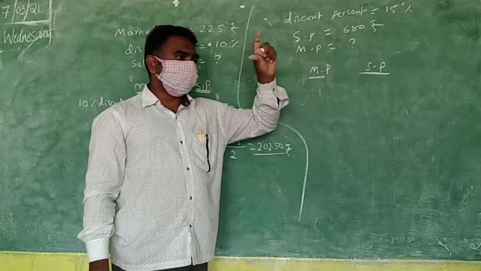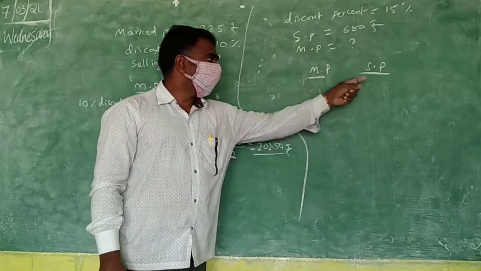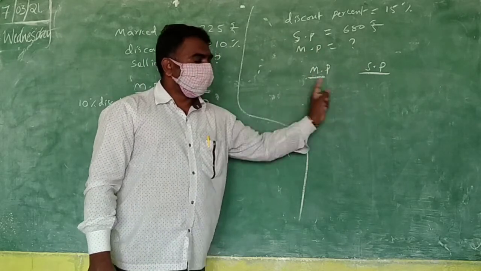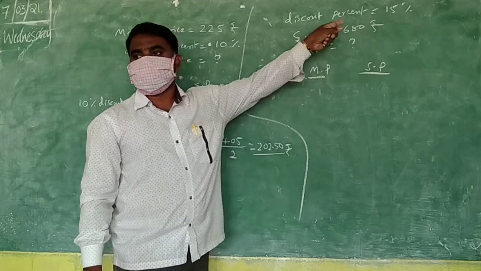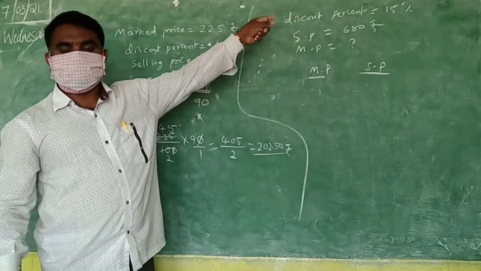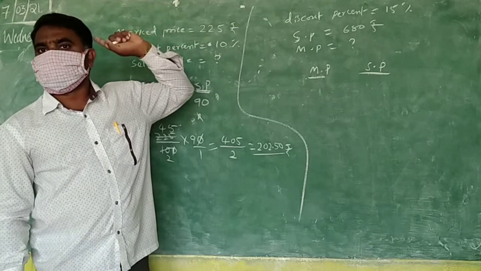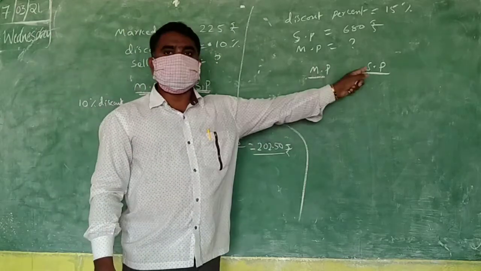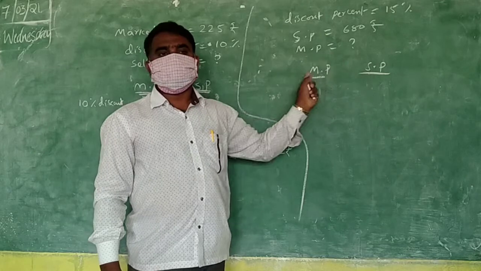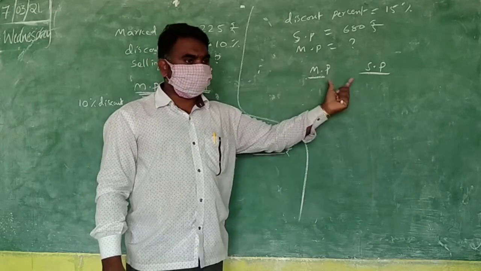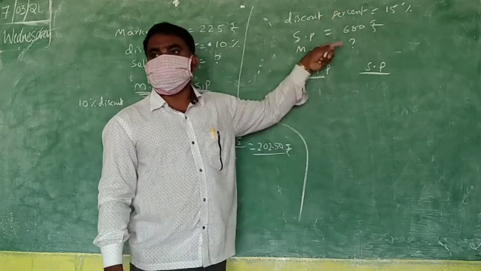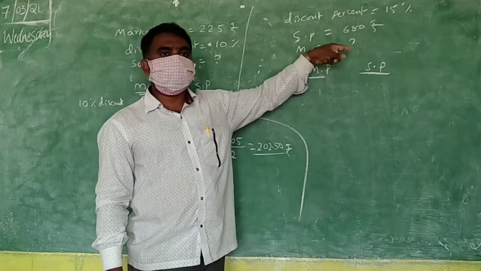Next, what do you write here? For this heading system you want four numbers: 1, 2, 3, 4. First two by using percentage, always, from yesterday onwards. Whatever problems you are doing, we are following the same method, is it or not? First you write the headings; after writing headings, first two by using percentage, second two from the question, what you know and what you have to find.